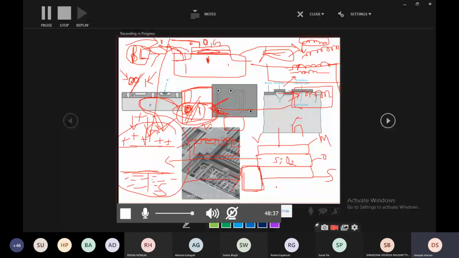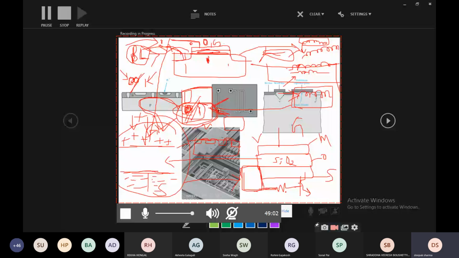Contacts and interconnects are basically made of metals. Aluminum is commonly used for top metallization, or simply the connection between two devices or two components. It can be done using metal. In metal, aluminum can be used, gold can be used, right? But what is the rate of gold?